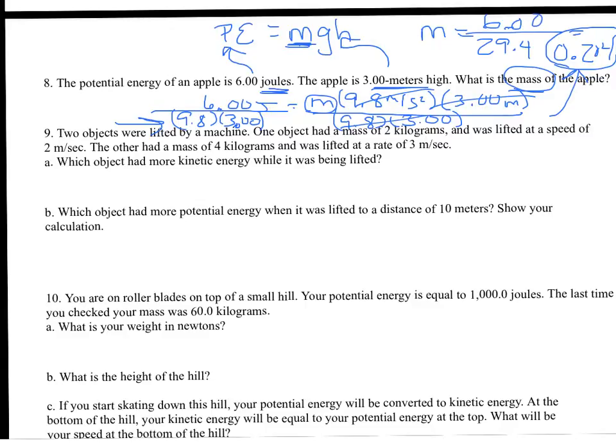So all that stuff about literal equations that we did earlier, this is where we're going to kind of put it into action. If I want to get m by itself, I need to divide both sides by G and H. So m is going to equal the potential energy divided by your gravity times your height, and that's what we had right here. 6, our potential energy, divided by 9.8 times our height.